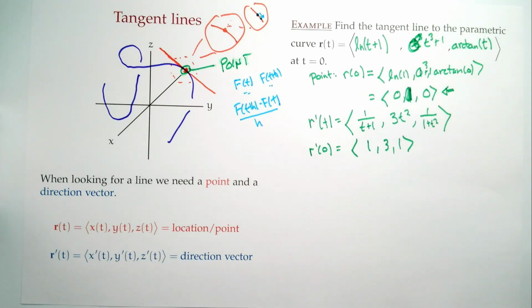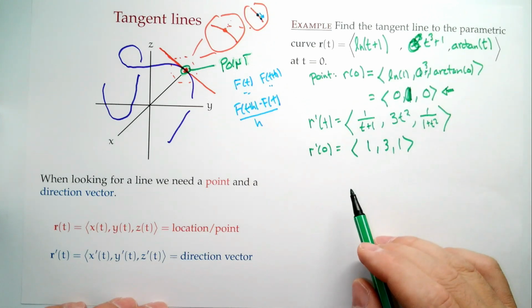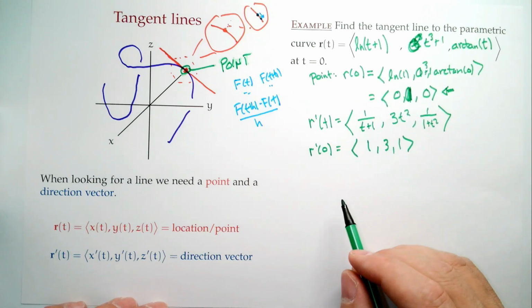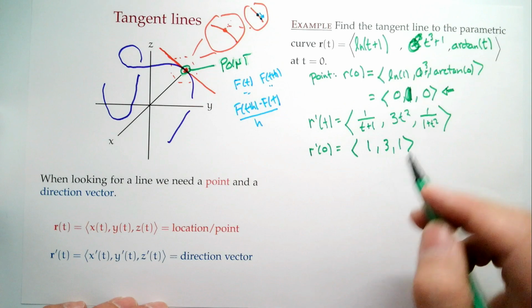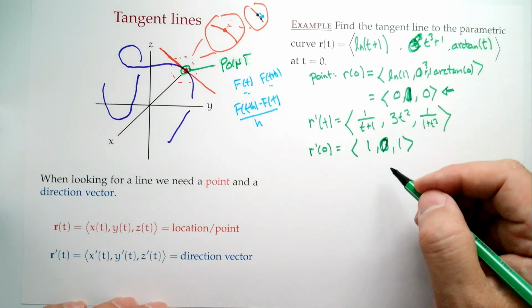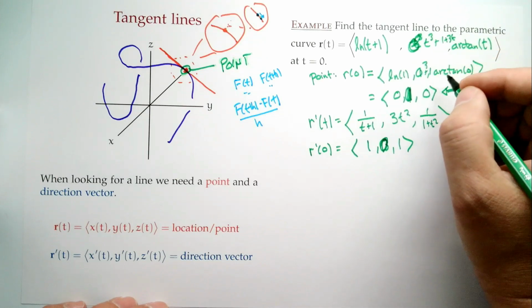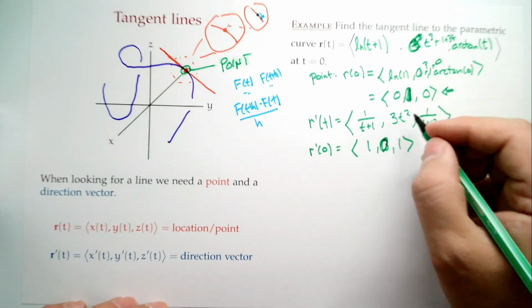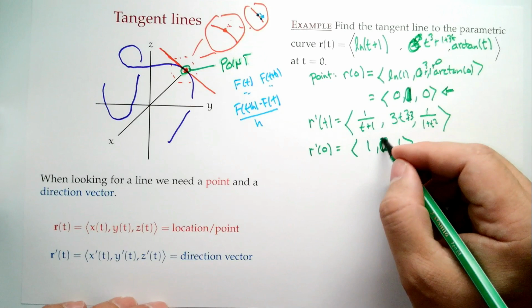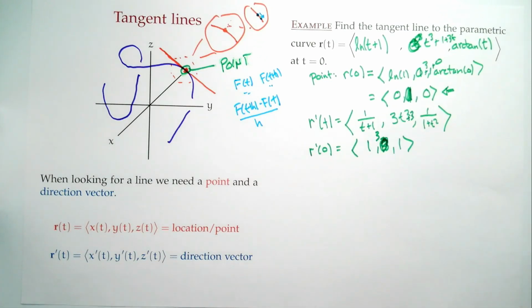So it would be at the point 0, 1, 0 here, right? All right, let's add a 3t here. So then we get 0, then we get plus 3, and now it's 3. Okay, there we go. Problem solved.